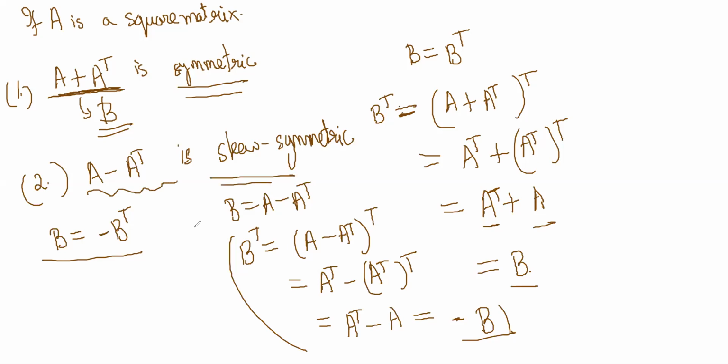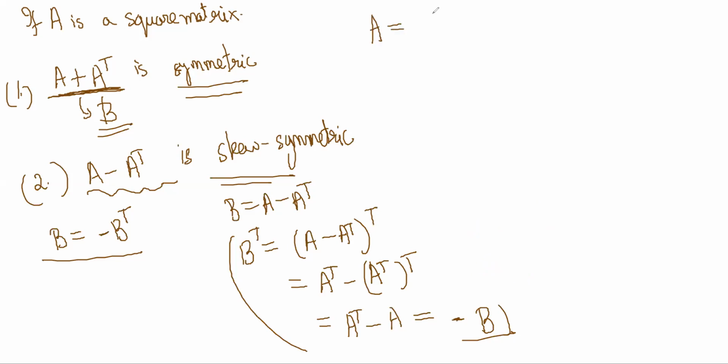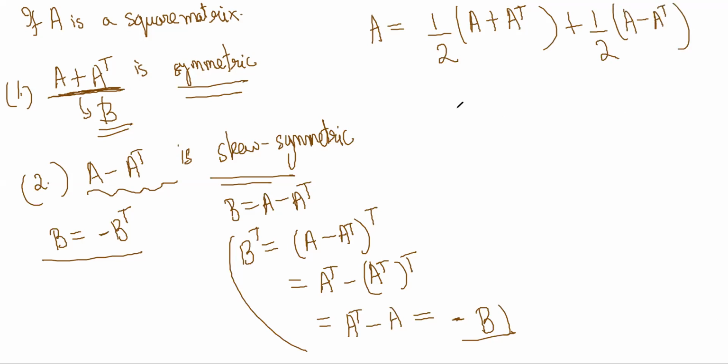So now this tells us an important thing: given any matrix, you can always write it as a sum of two matrices, one of which is symmetric and one of which is skew symmetric. So any matrix A can be written as half of A plus A transpose, this is the symmetric part, and half of A minus A transpose, this is the skew symmetric part.